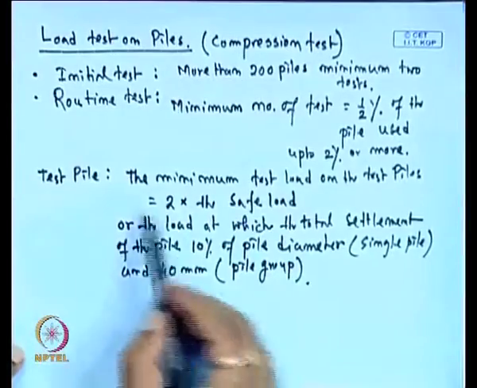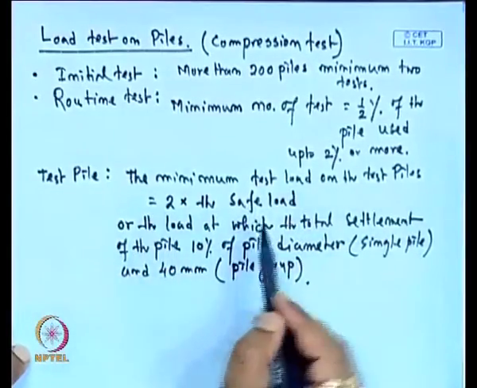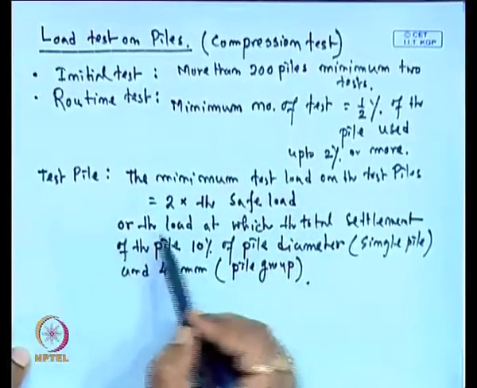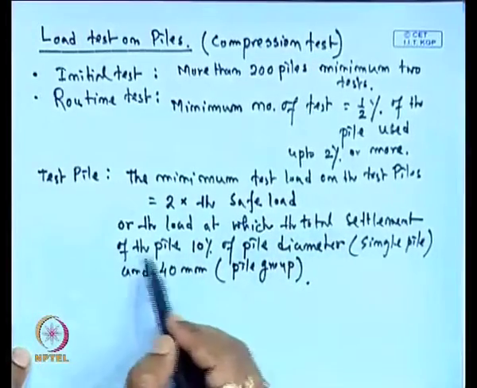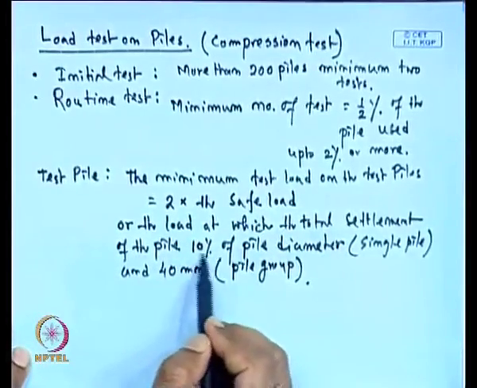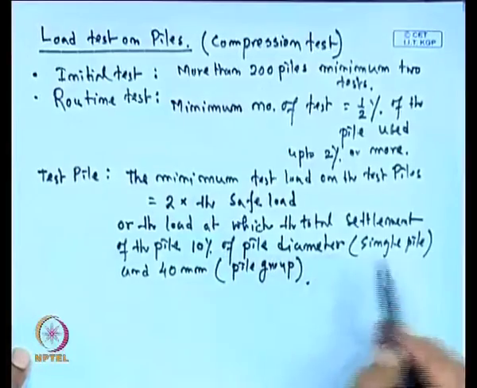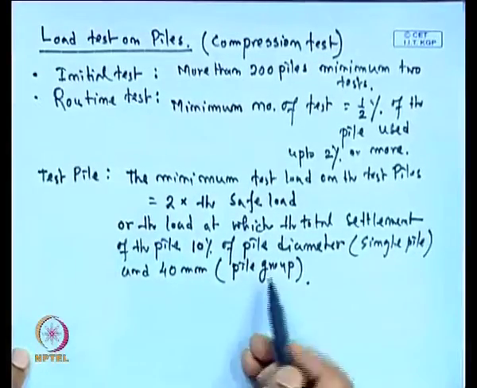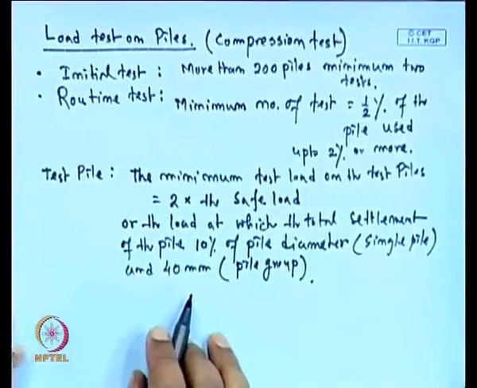So, that means this minimum test load on the test pile is 2 times the safe load, or the load at which the total settlement of the pile attains 10% of the pile diameter for the single pile, or 40 millimeter for the group pile.